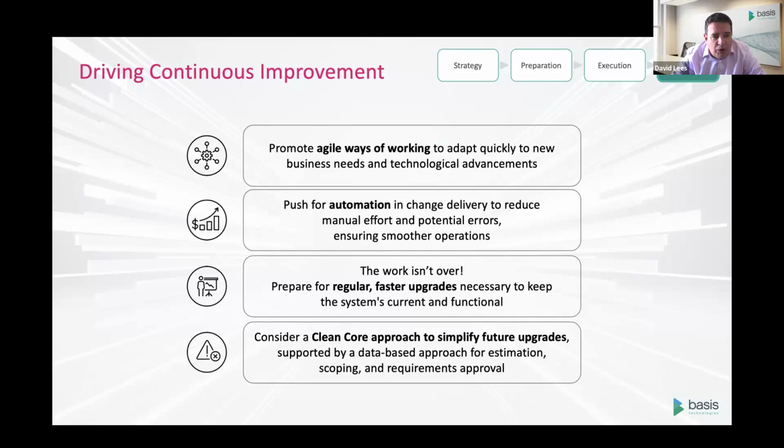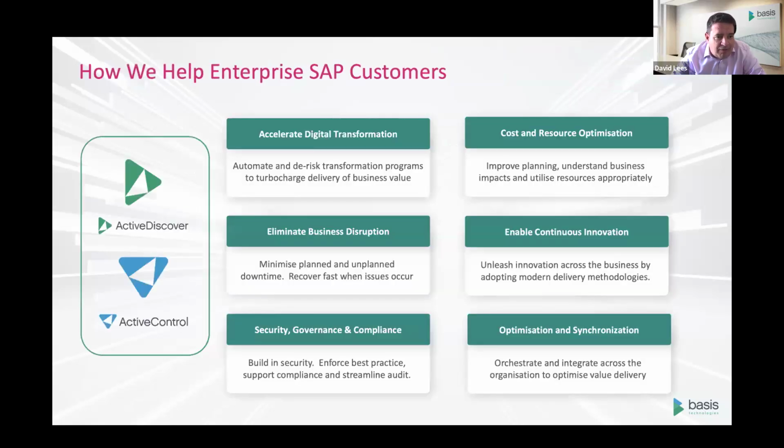So moving on, this is, at a very high level, how we help enterprise customers accelerate their digital transformation, which is a lot of what we've been talking about today in terms of S4.